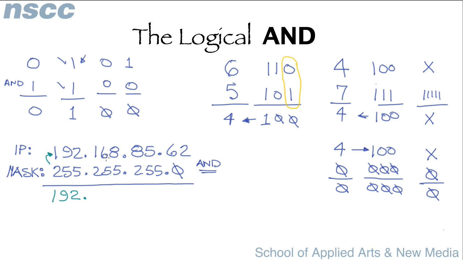So 255 AND it with 168 will give us 168. AND it with 85, we'll get 85. When I take a number and AND it with 0, I'm going to get 0. So the result of this operation is this. And we'll show the significance of that in a bit.